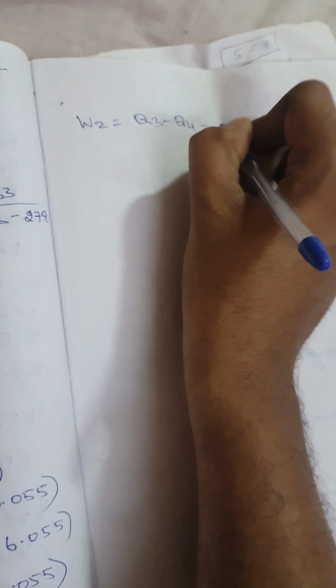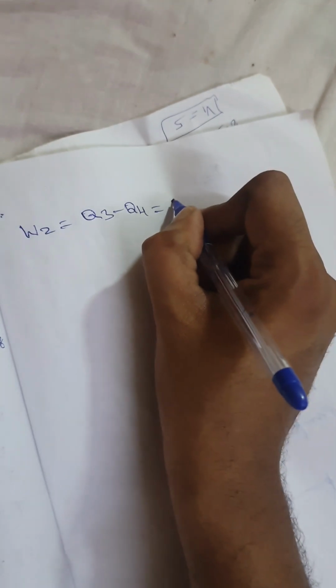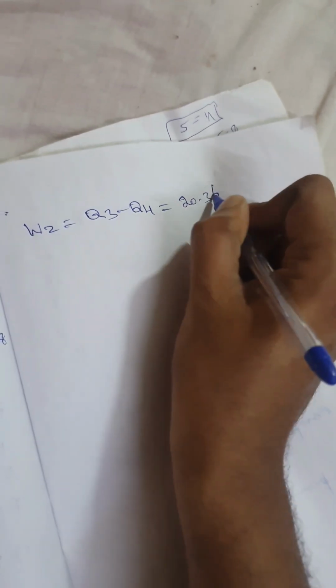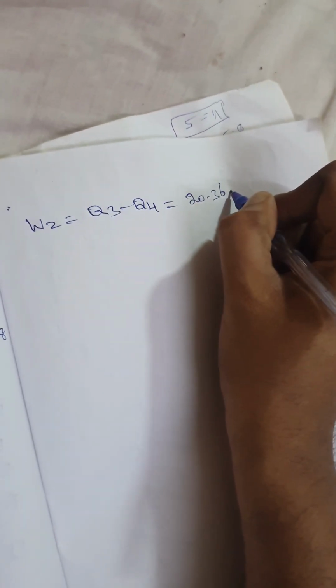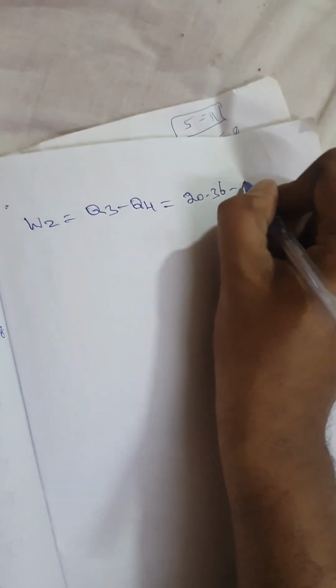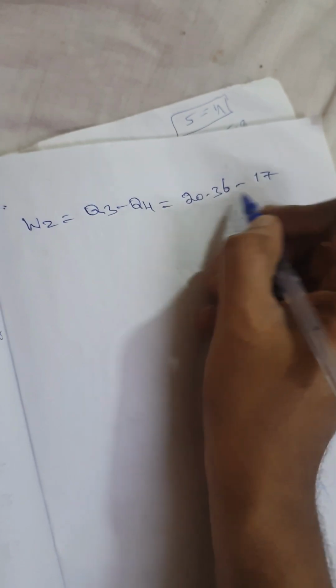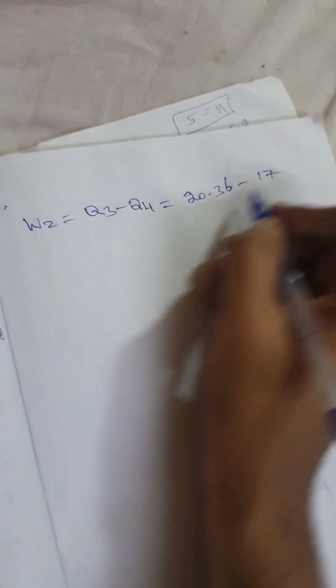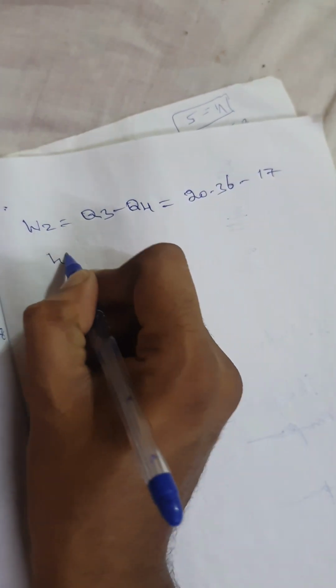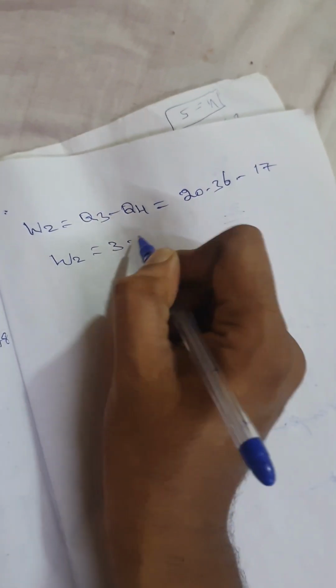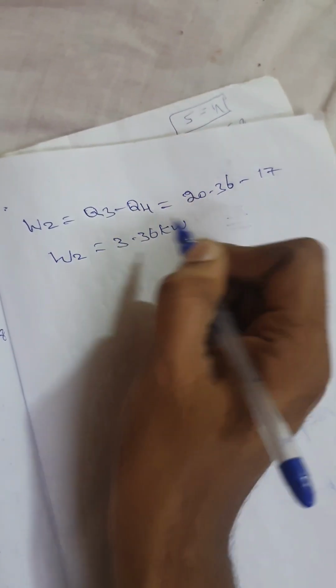Here the value of Q3 is 20.36 and the value of Q4 is 17. By subtracting, we can easily find W2, which is 3.36 kilowatt.